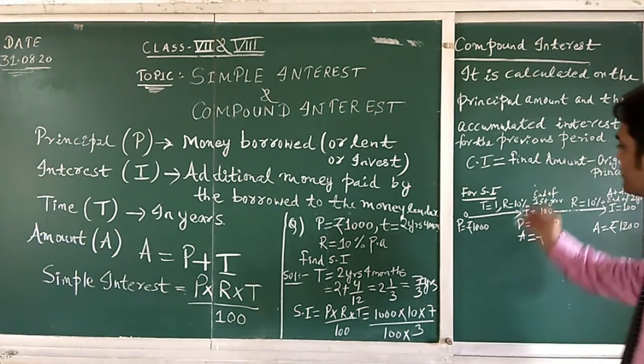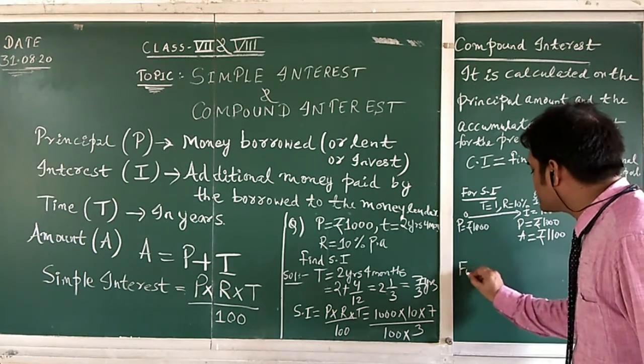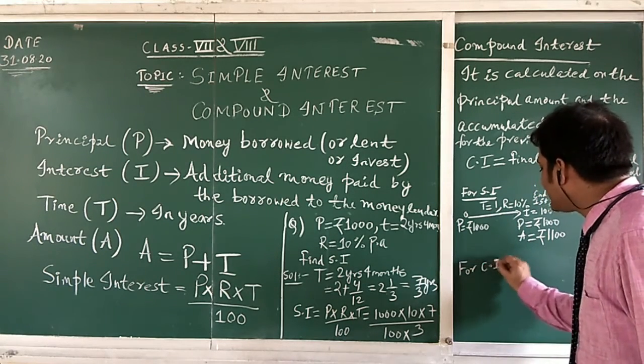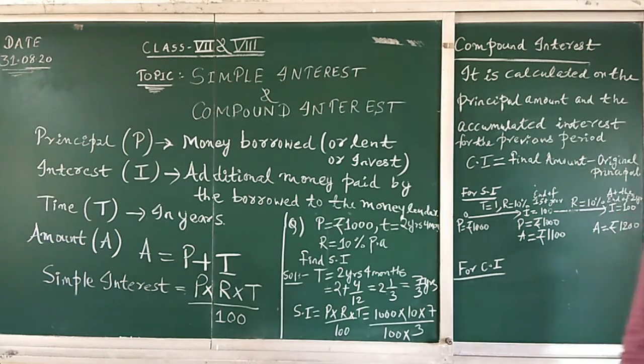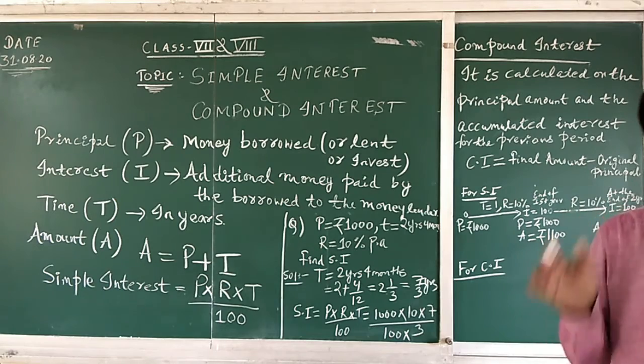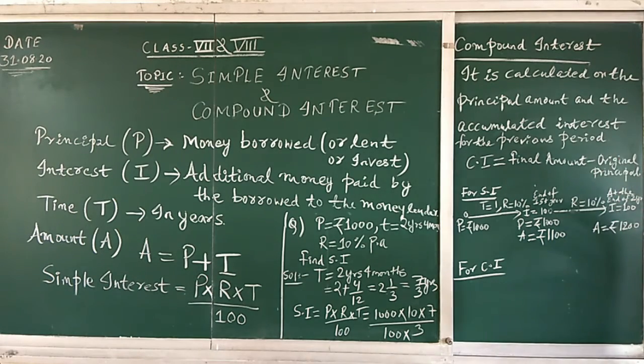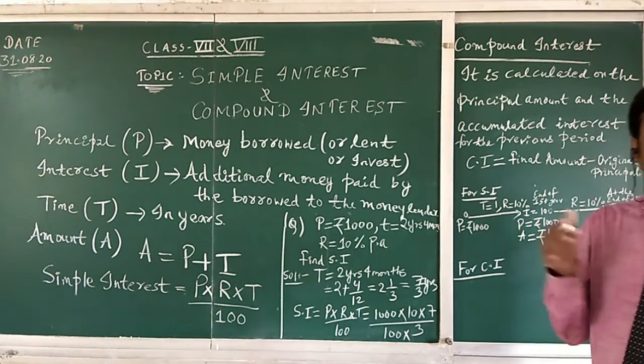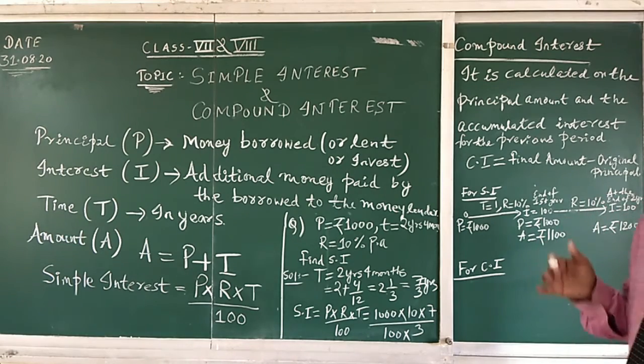But when we are calculating compound interest, what I told you is that compound interest is calculated on the basis of your principal amount and the accumulated interest for the previous period.